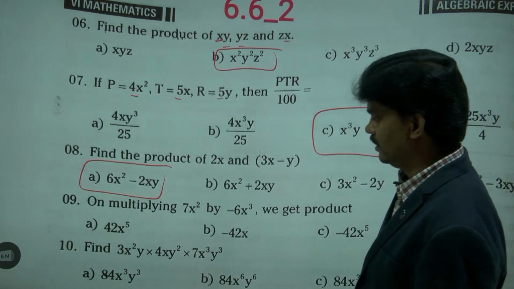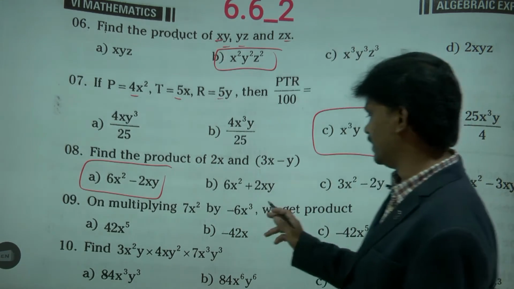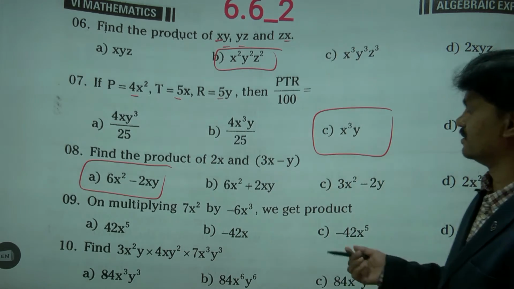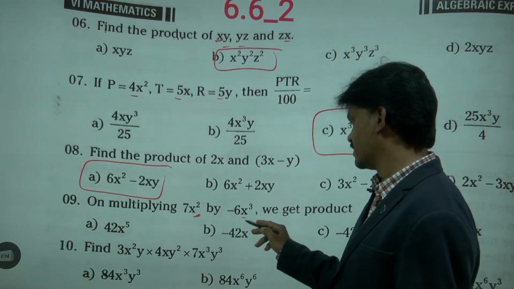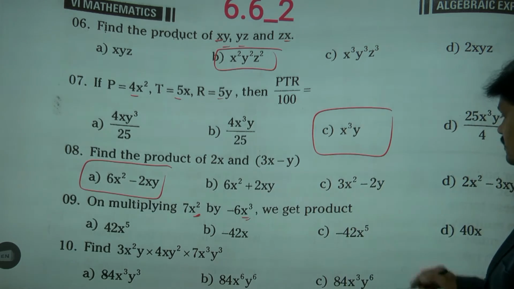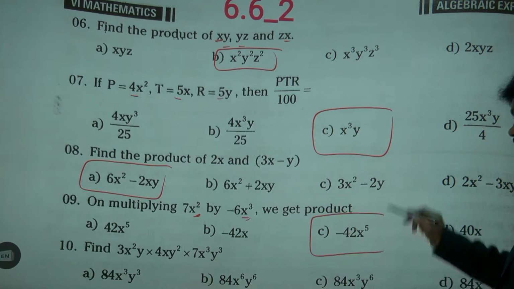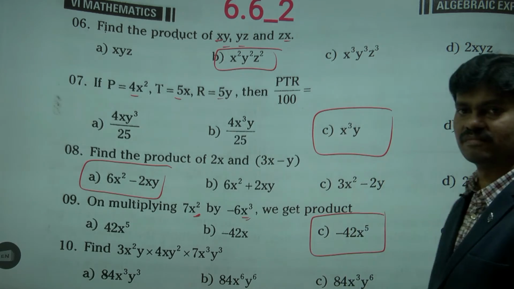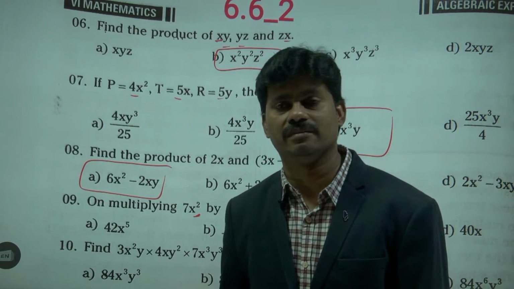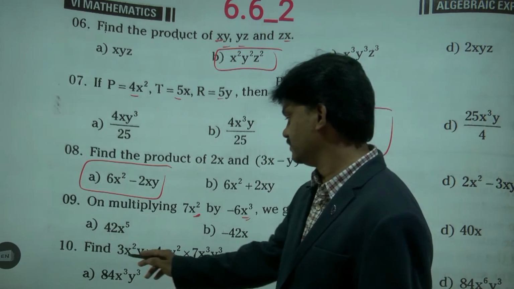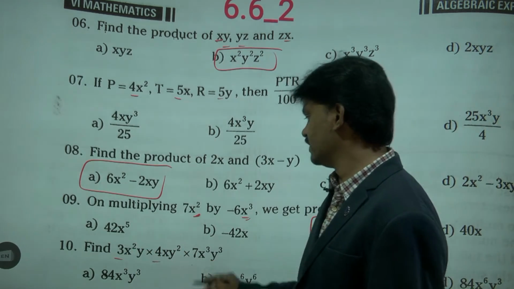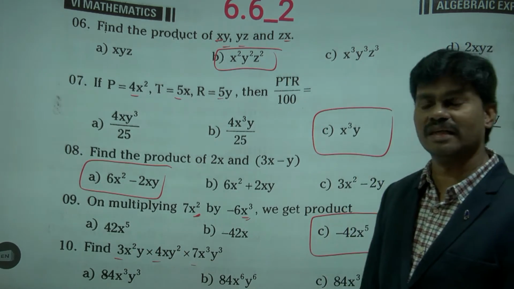Next one. On multiplying 7x square by minus 6x cube we get, so 7 6s are minus 42. X square and x power 3 is x power 5. What we get here? Minus 42 x power 5. And the 10th: 3 4s are 12, 12 7s are 84.